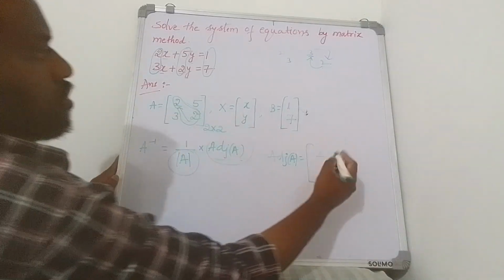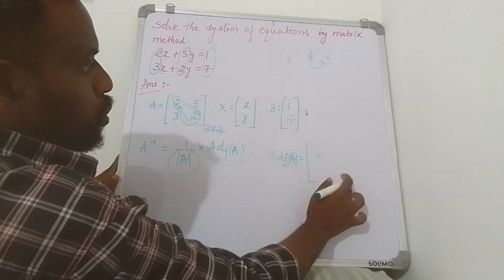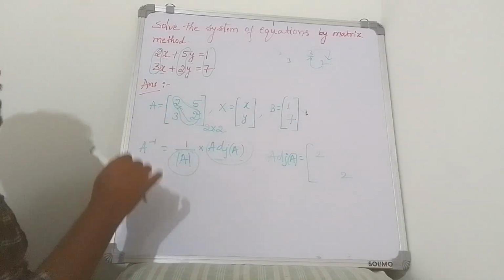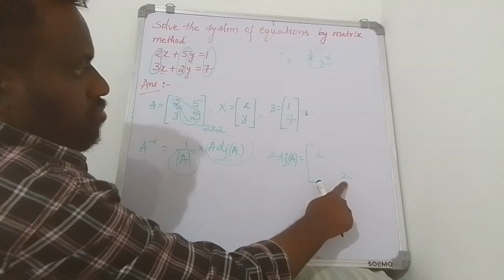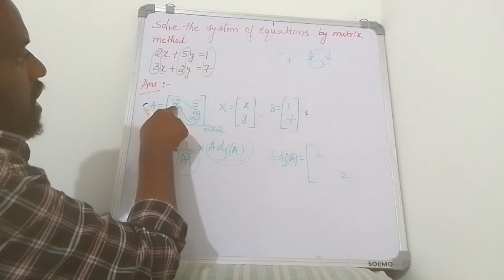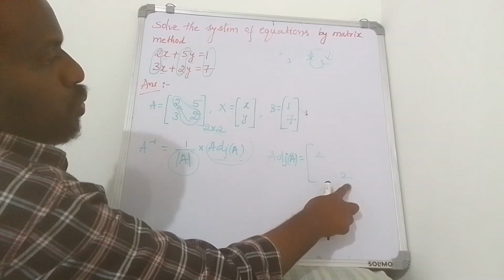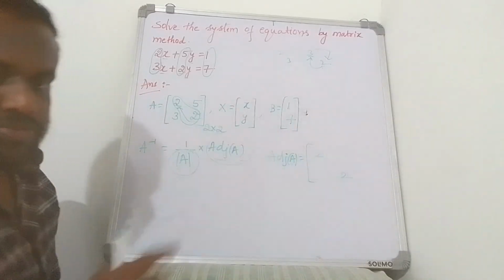Since both are 2's, even if you interchange, we get the same thing, 2, 2.